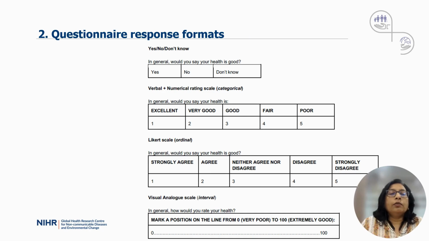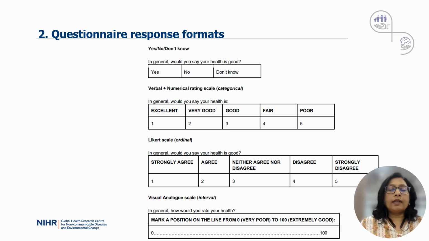The next thing, I'm showing an example where you have a question: in general, would you say your health is good? You're asking a leading question, is your health good or not? Your answer could be yes, no, or I do not know. You can also have a question with a verbal description along with a numerical rating scale. Or you can have a Likert scale, which is bidirectional: strongly agree or strongly disagree, with a middle category.